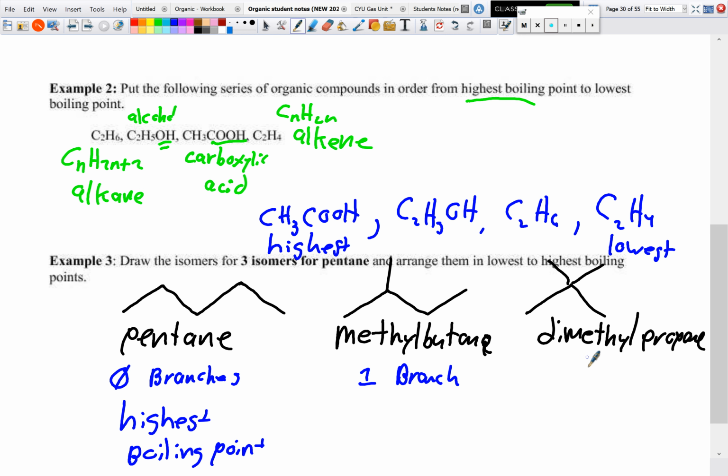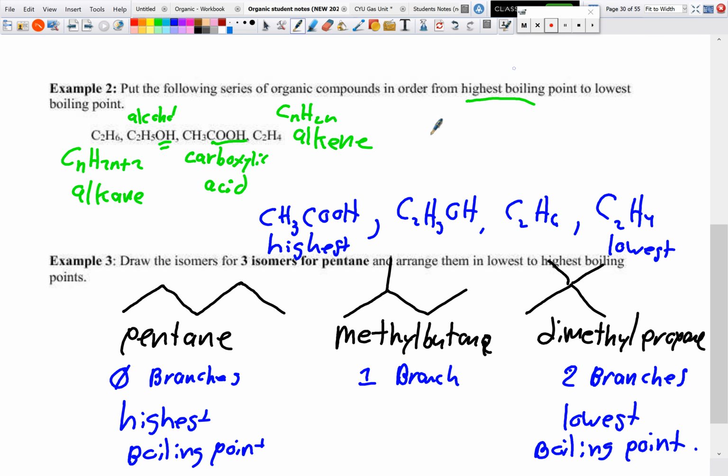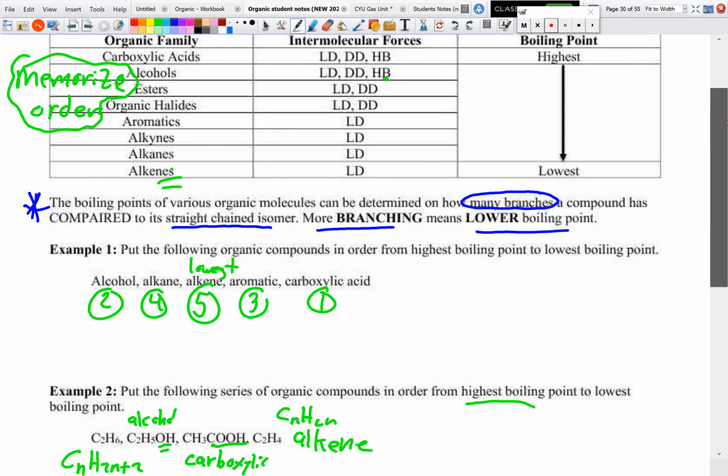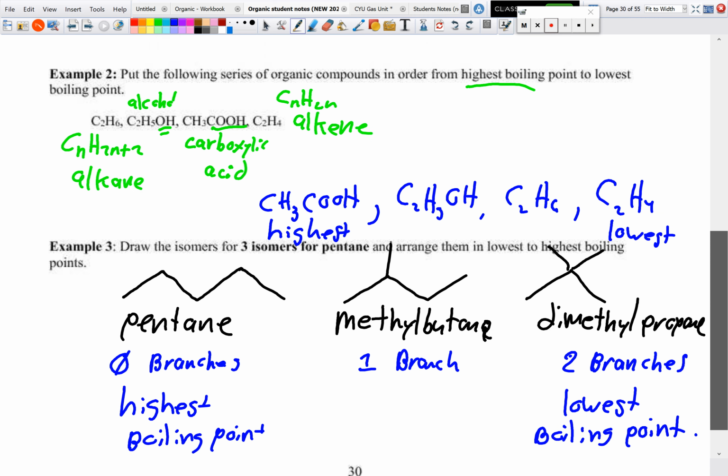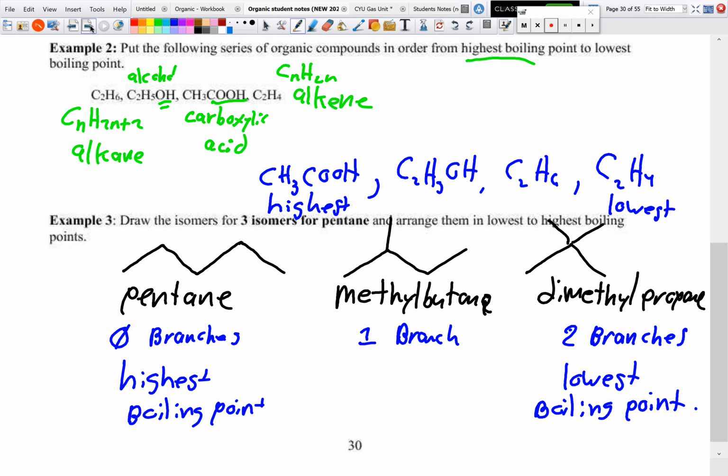And our dimethylpropane has 2 branches, so this one should have the lowest boiling point based on the rules above. So that's where you have to remember the families and the order, and then of course the whole branching thing as well.